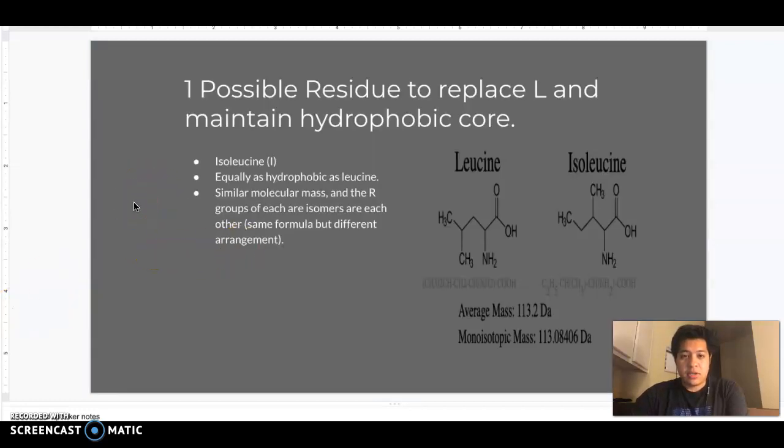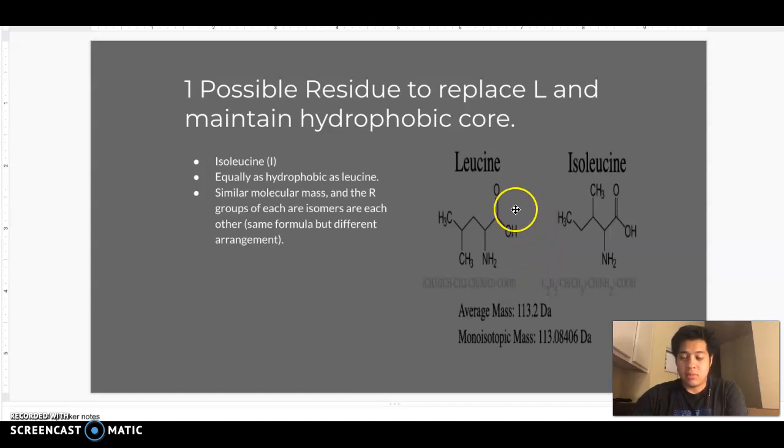Now we need to suggest one possible residue to replace leucine and maintain the hydrophobic core. I went along with the amino acid isoleucine, which has the 1-letter abbreviation of I. You can see on the image to the right, isoleucine is equally as hydrophobic as leucine. They're actually both very similar amino acids.